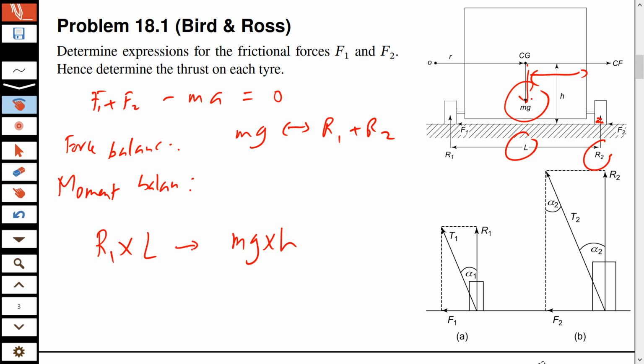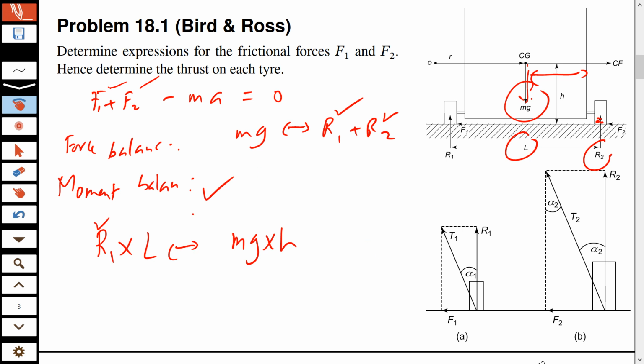And if you set up a balance between these two, you can solve for R1. So you solve for R1. You can similarly solve for R2, and that way you can derive expressions for F1 and F2.